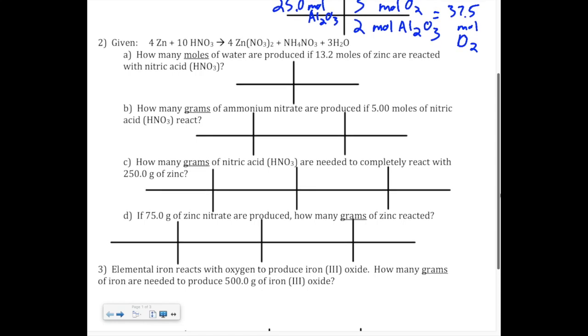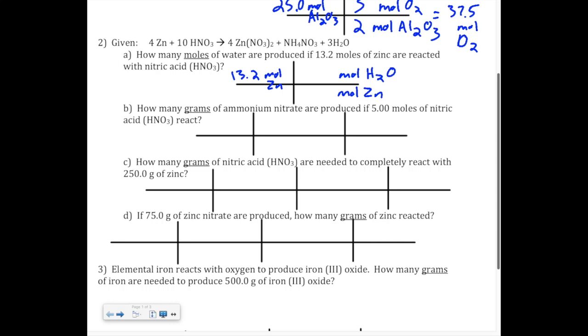How many moles of water are produced if 13.2 moles of zinc are reacted with nitric acid? I will be given this equation. Zinc plus nitric acid yields zinc nitrate plus ammonium nitrate plus water. So I need to start with 13.2 moles of zinc, and I need to convert moles of zinc to moles of H2O.